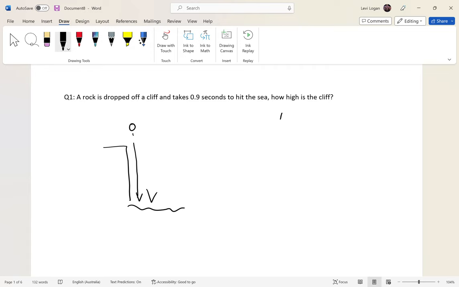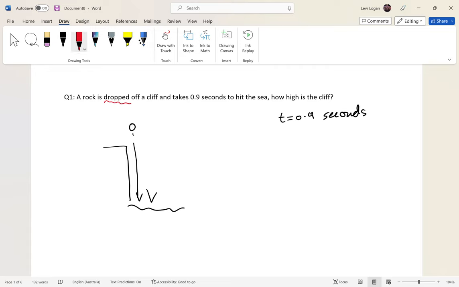So straight up we have t. t is 0.9 seconds. What else have we been given? We've been given this word dropped. If you just drop something, for the first moment its initial velocity is 0, and it only gets pulled down due to gravity.